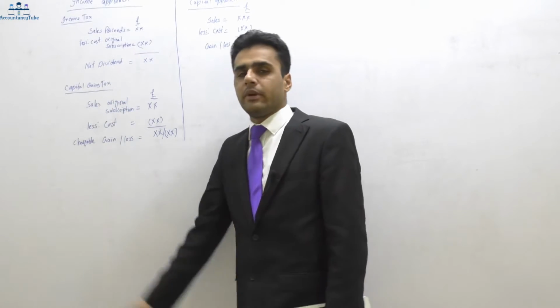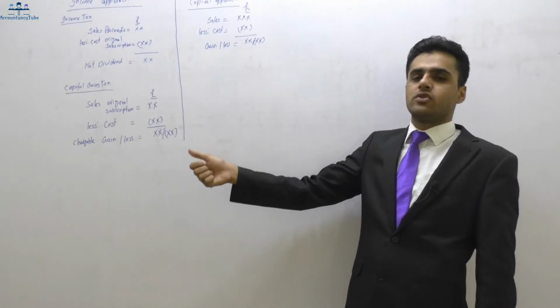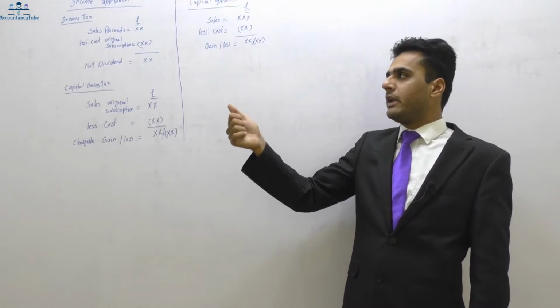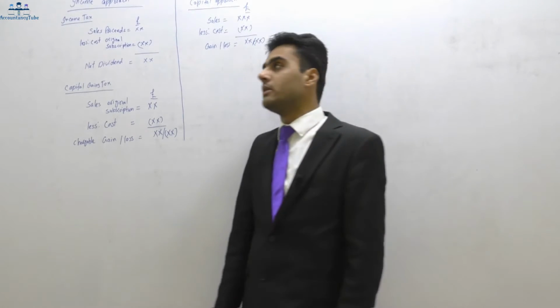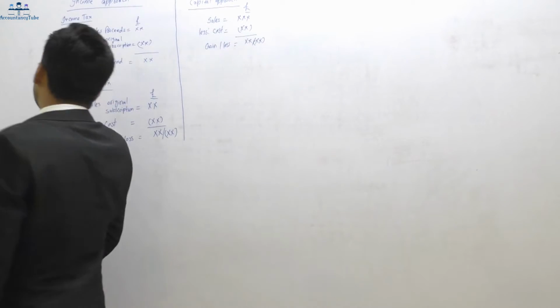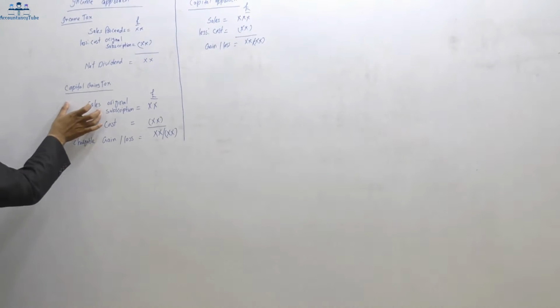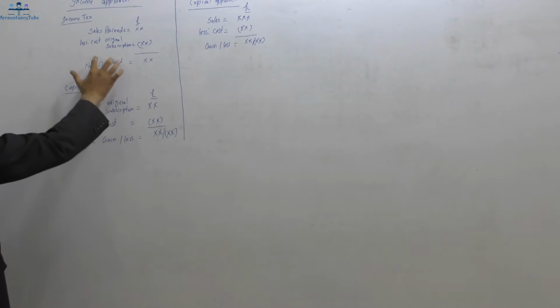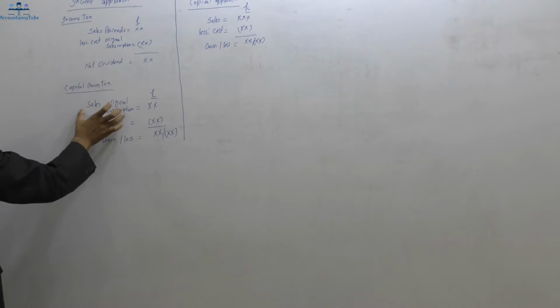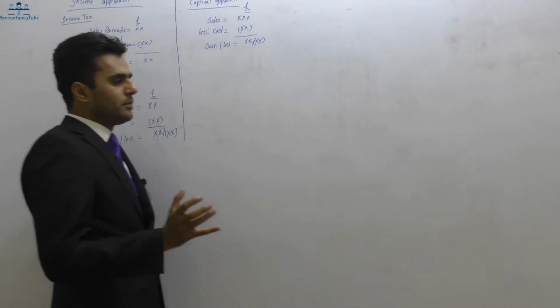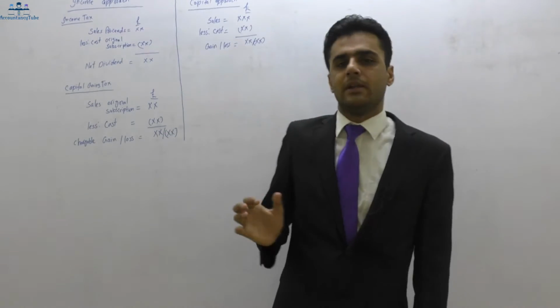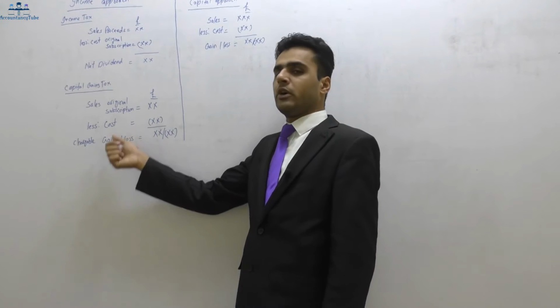Now we will also have to calculate capital gains tax under the income approach. So there will be two taxes under the income approach, one is income tax and another one is capital gains tax. For capital gains tax purposes, we'll take the sales, and sales would be the original subscription price, which was the cost here. For capital gains tax purposes, we'll take the original subscription price as sales, and then we will deduct the cost out of that.